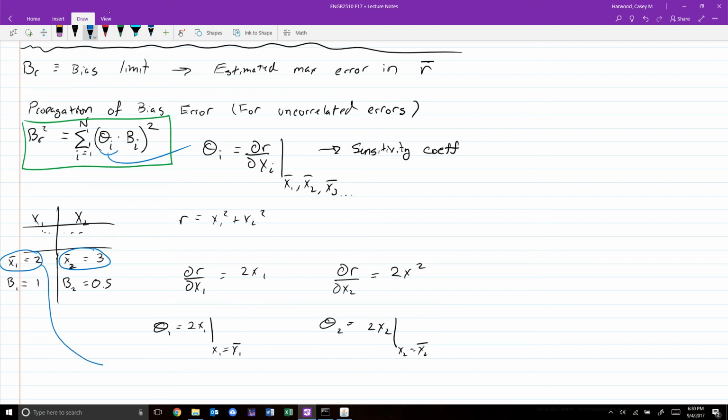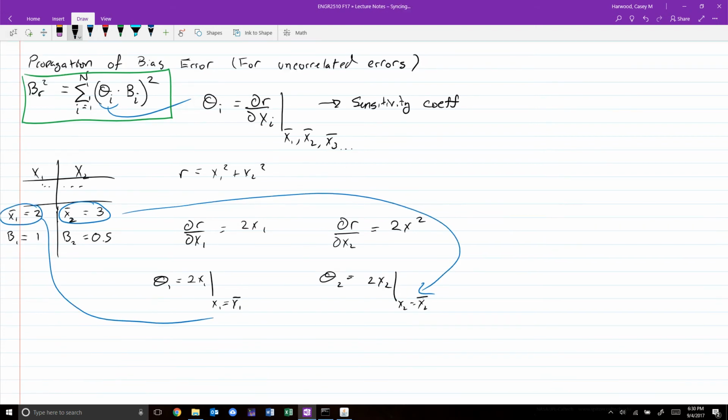Let's take these values and plug them in, which gives us that theta 1 is equal to 2 times 2, 4, and theta 2 is equal to 2 times 3, 6. So we have our sensitivity coefficients wrapped up right here and here.